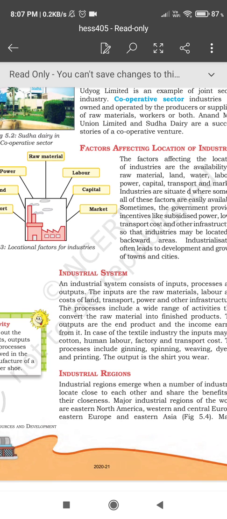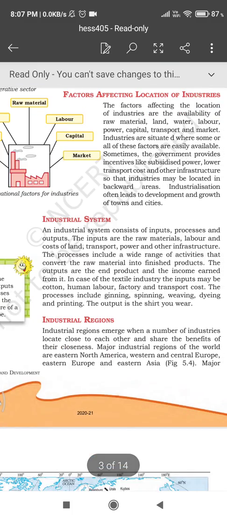Next is industrial region. Industrial region means an area where major or more industries are established. Means the places where more industries are established are called industrial regions.